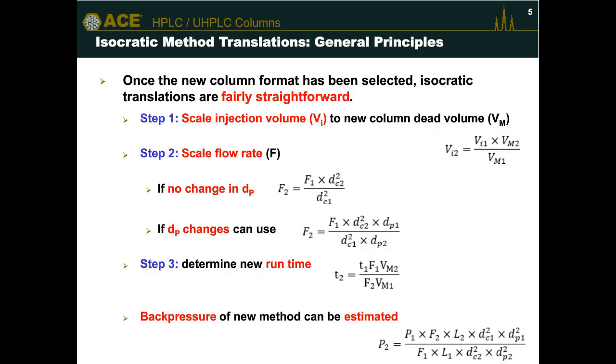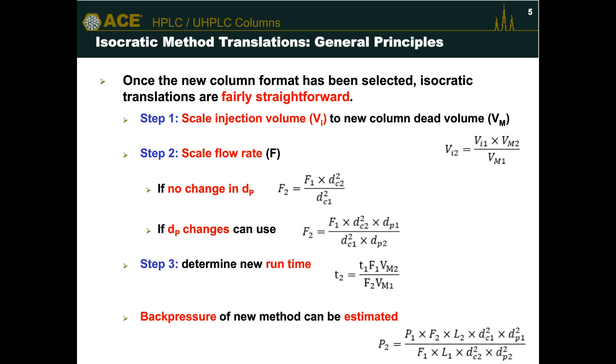So that will change the volume of the column. So we need to scale our injection volume if we're changing the column volume. And we also need to scale our flow rate. Now, this is related not only to the particle size change, but also the column ID change.